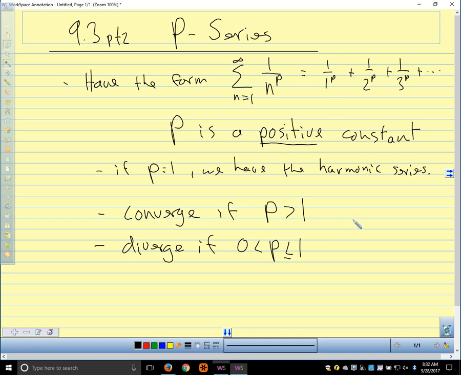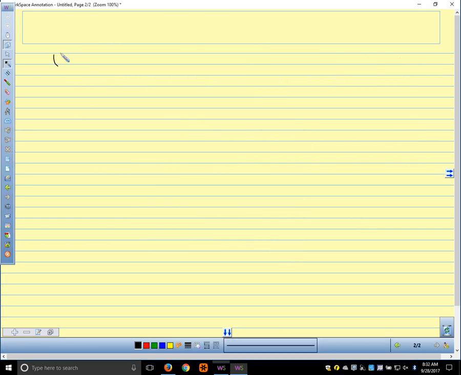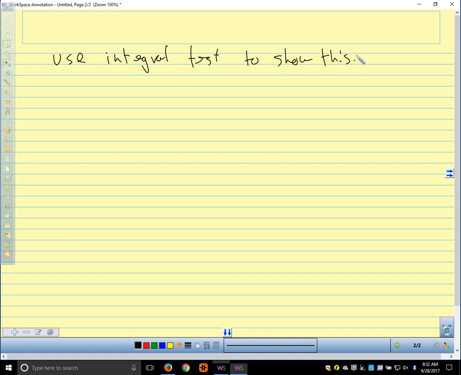Let's use the integral test to show this. I'm going to say that f of x is 1 over x to the p.